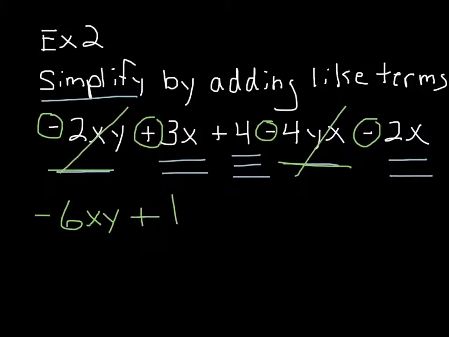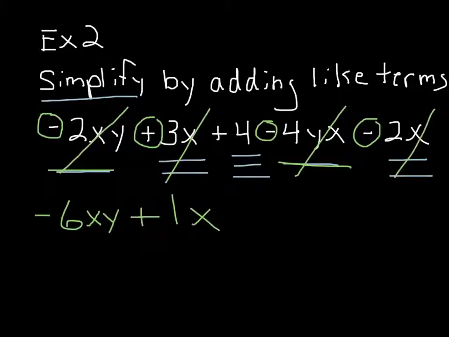So +3 take away 2, I get a +1. Notice I wrote +1 to show that it is positive. So I have 1 of those x's. That's what I get when I combine those like terms.